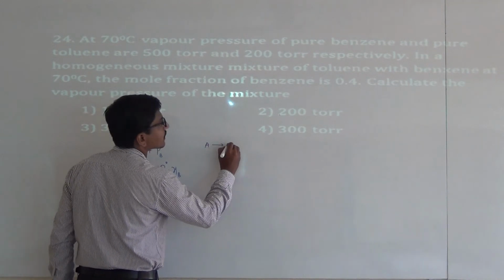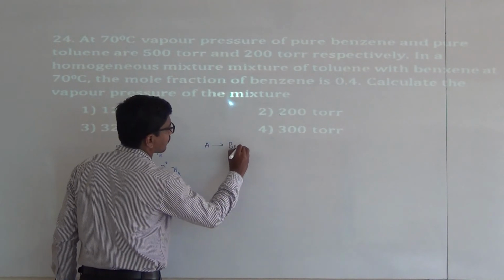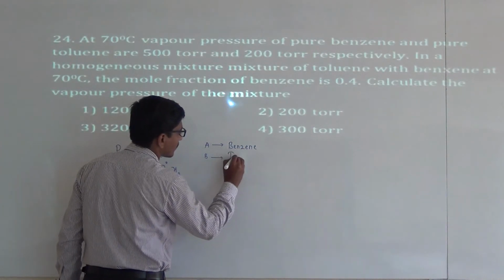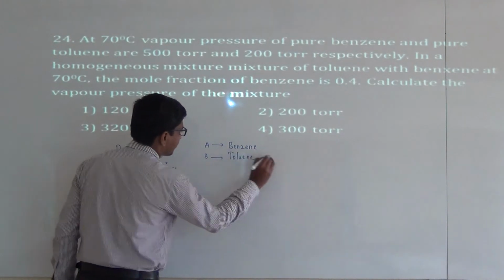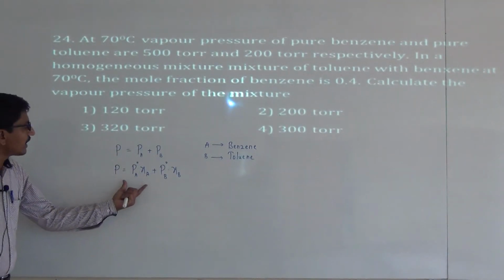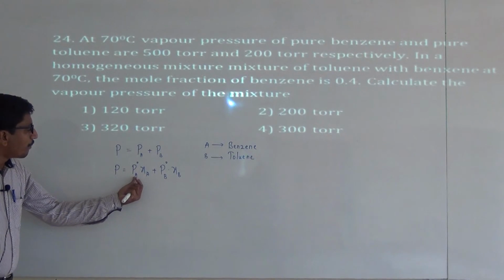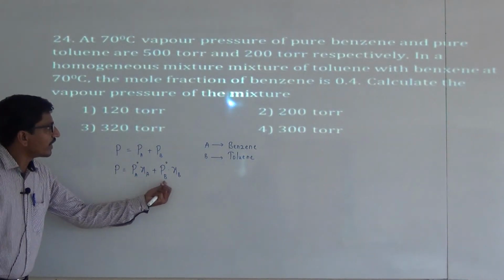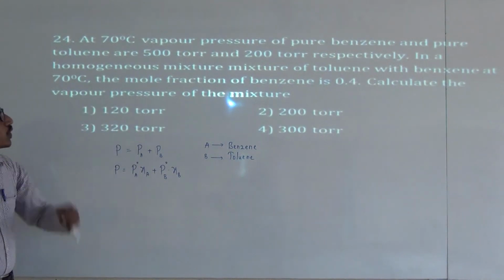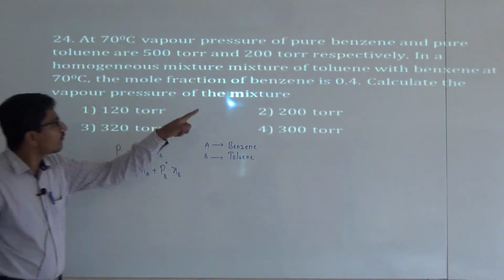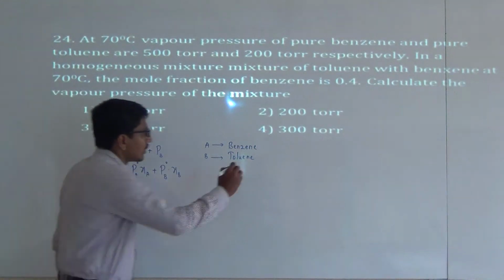A is benzene, component A is benzene and B is toluene, and they have given the vapor pressures of pure benzene and toluene as 500 and 200 torr respectively, and the mole fraction of benzene is 0.4.